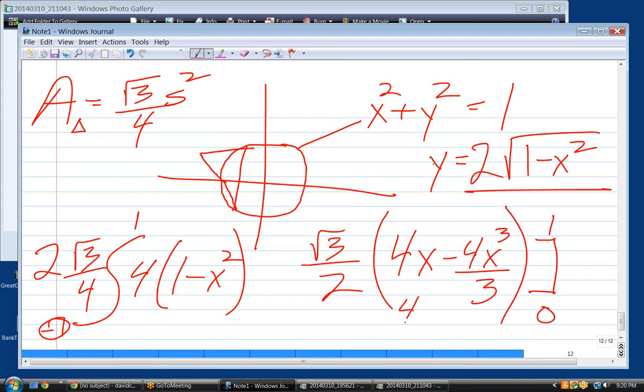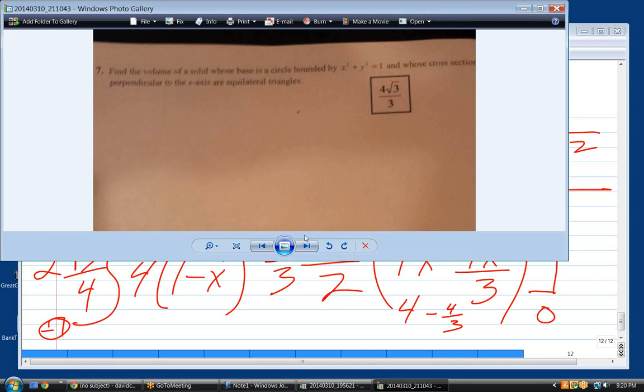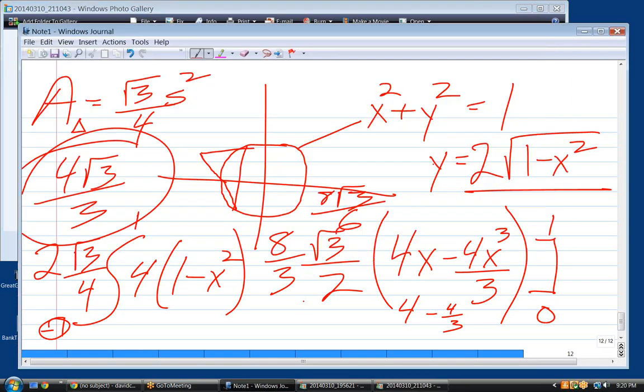That's 4 minus 4/3, which is 8/3. So we're multiplying this by 8/3: 8 root 3 over 6, 4 root 3 over 3. Bingo.